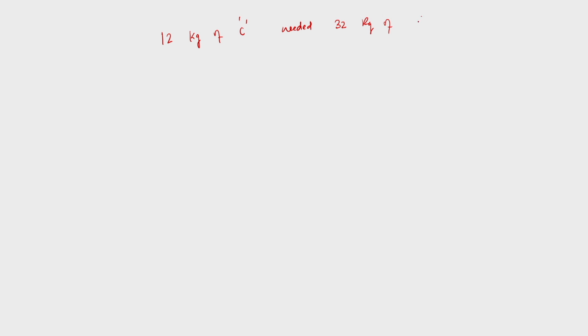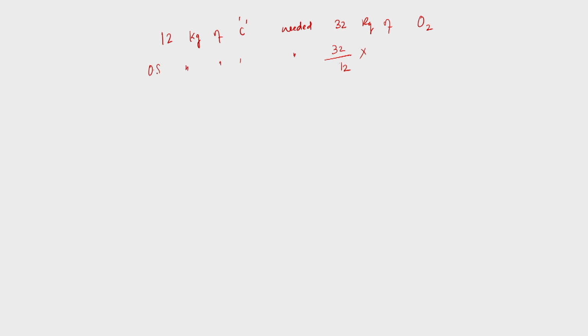I am writing on the next slide. We can see from this reaction that 12 kg of carbon needs 32 kg of oxygen, and 44 kg of carbon dioxide is produced. So we require 32 by 12 into 0.84, as the fuel is 84% carbon by mass.